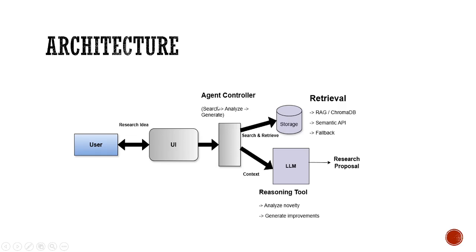The first process that gets triggered by the agent controller is the search operation. Given a research idea, the application determines whether this idea is already existing or not. For that we need to compare with the existing research papers. What the research tool does is it checks if there are any research papers that are available in the RAG. For RAG, I have used Chroma DB.